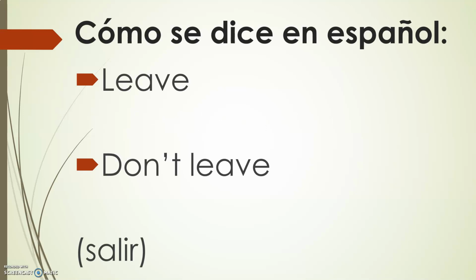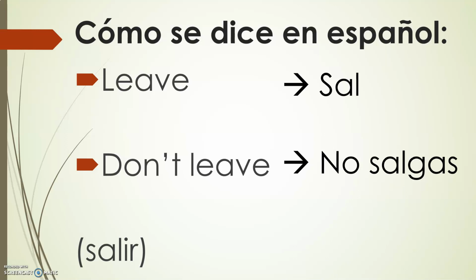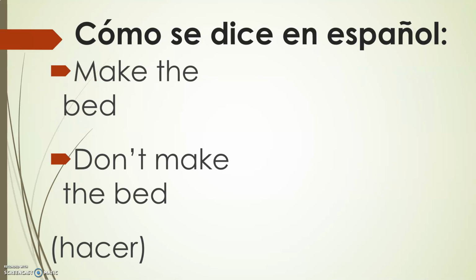Ahora a practicar. ¿Cómo se dice en español leave and don't leave? The verb is salir. The two forms are sal and no salgas. ¿Cómo se dice en español make the bed and don't make the bed?